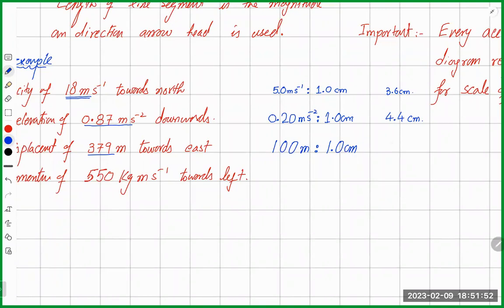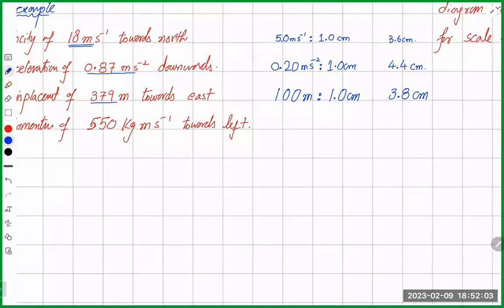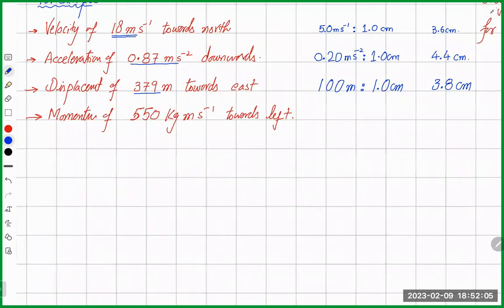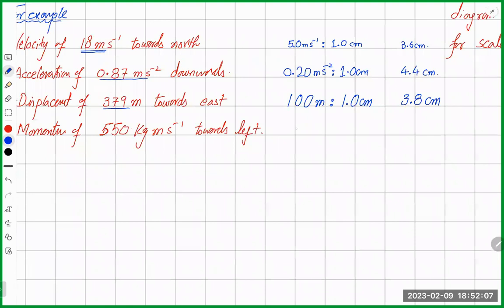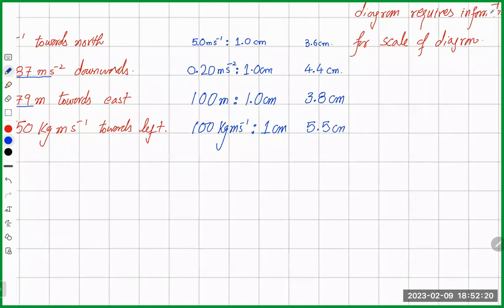So this will be 3.8 centimeter. 100 meter per second is represented by 1 centimeter. So that will make this 5.5 centimeter.